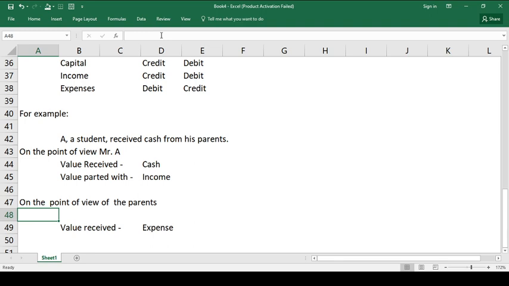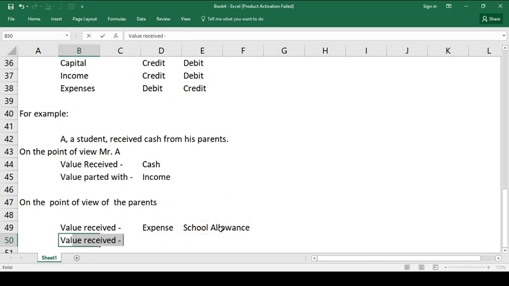Okay, ano po kayang expense yan? Pwede po natin yan, school expense, or sabihin na lang natin, school allowance expense on the part of the parents. Okay, we can particularly say that is a school allowance expense.